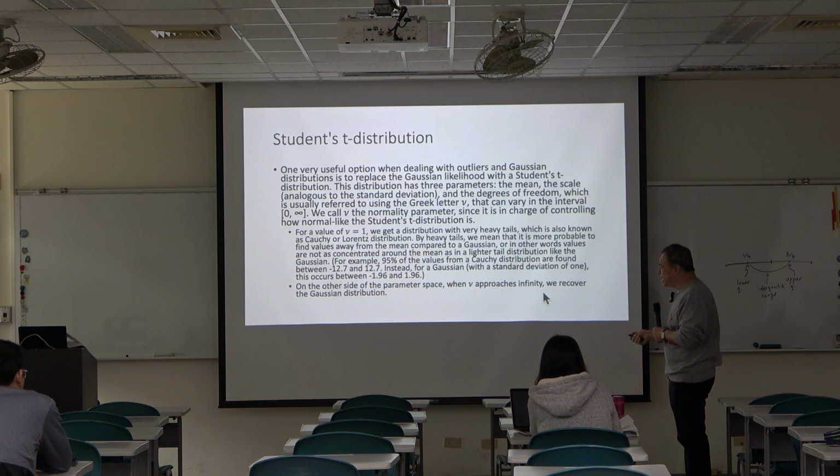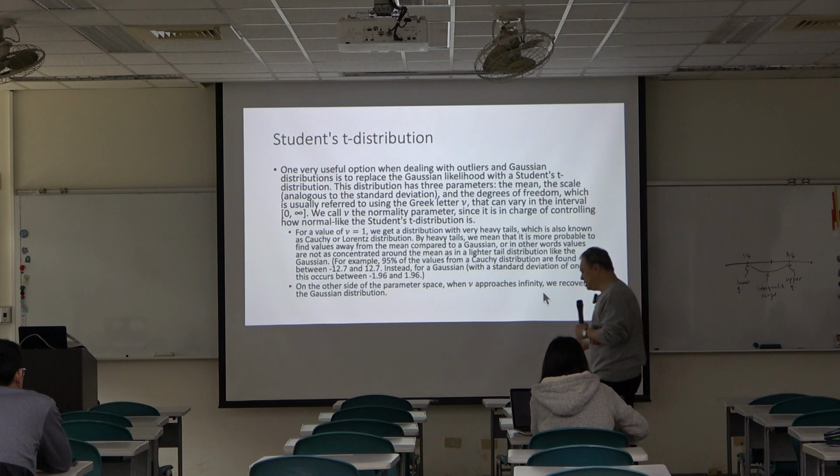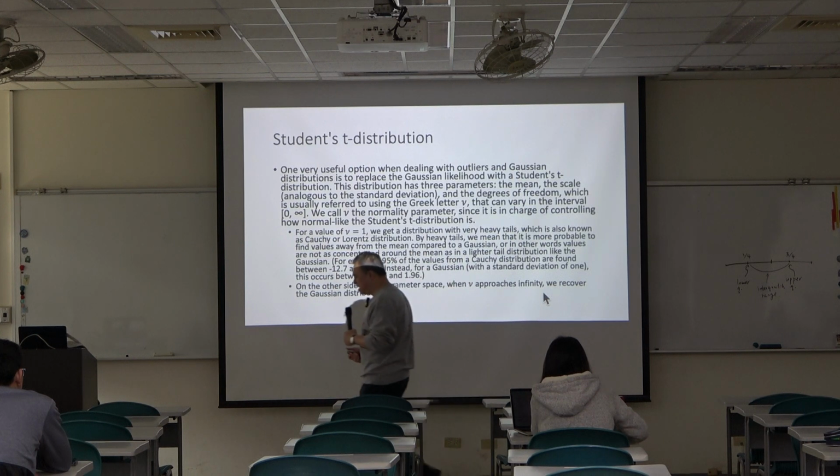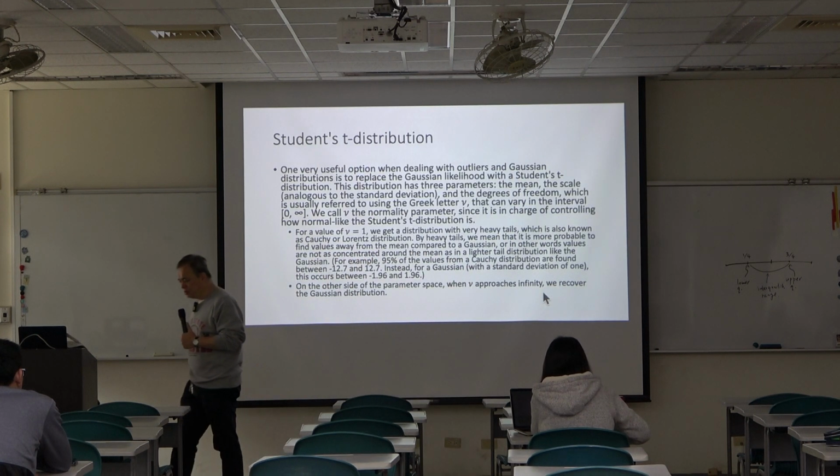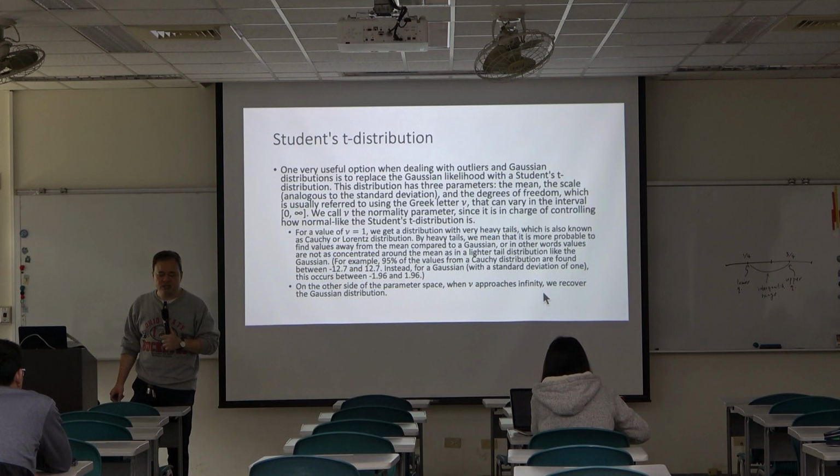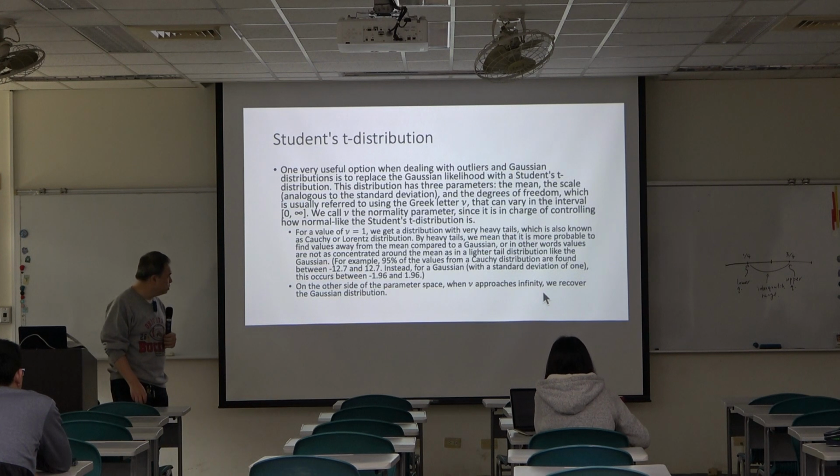On the other side, when V approaches infinity, we get a Gaussian distribution. So basically, this V value controls how similar the student t distribution is to the Gaussian distribution. So you can say the student t distribution is very versatile.